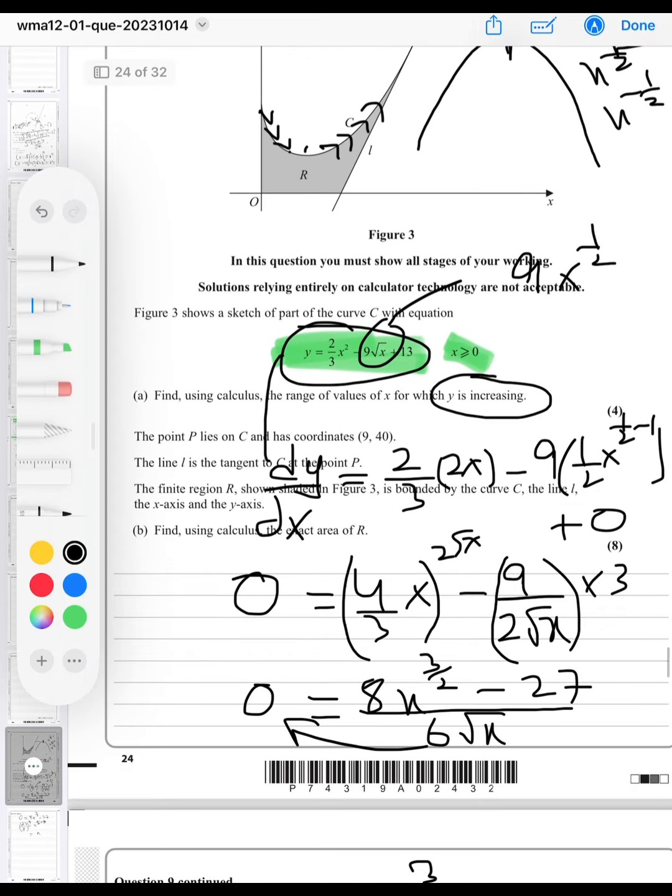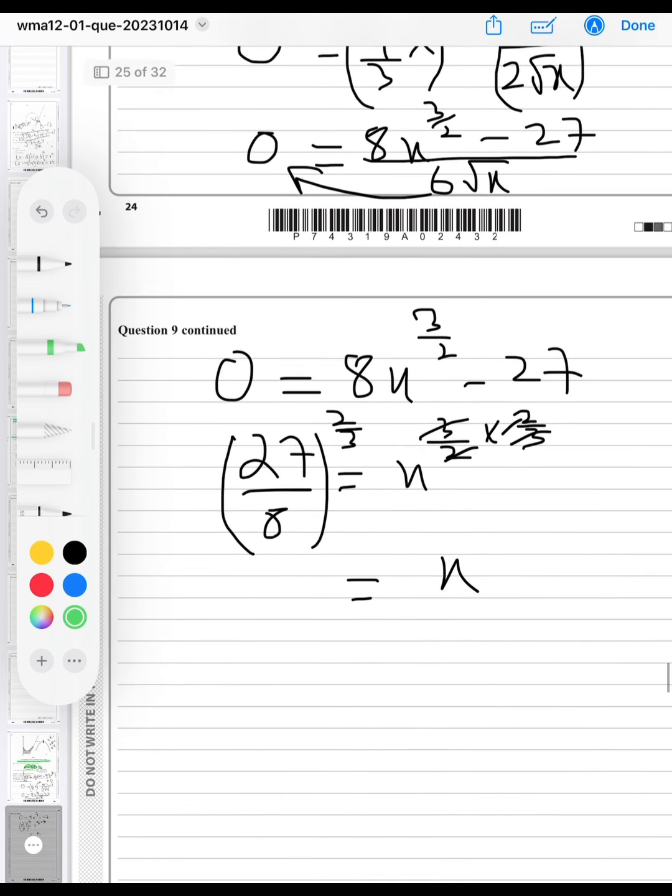Now just have a look here at what they said: solutions relying entirely on the calculator are not acceptable. Okay, fine. So now you must be familiar with the indices. In the indices, you can see in the denominator we have 3.